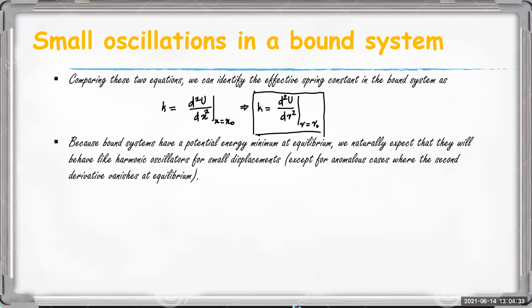It will not be okay when, in some anomalous cases, the second derivative vanishes at equilibrium. So here we take the case of d square u divided by dr square not equal to 0.